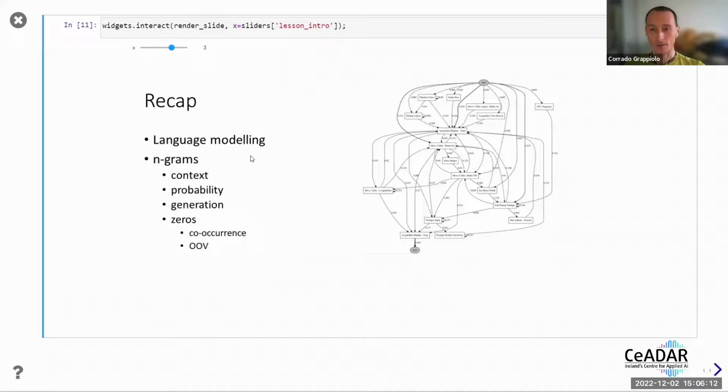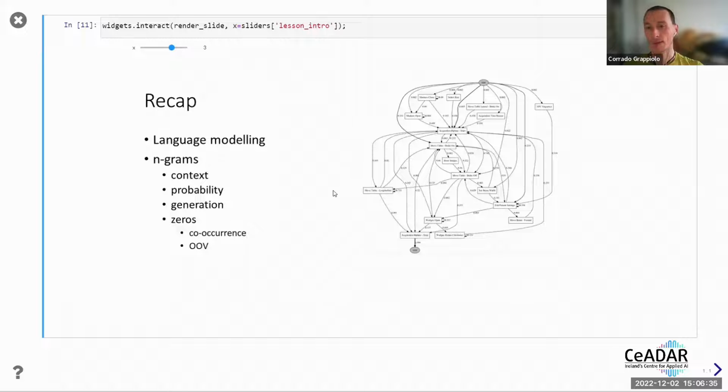We had a look into what language models are and the n-gram language modeling, which was the statistical approach to language modeling. We saw what context means, probability calculation, calculating the probability of a word given a context, what generalizing means, and zero.